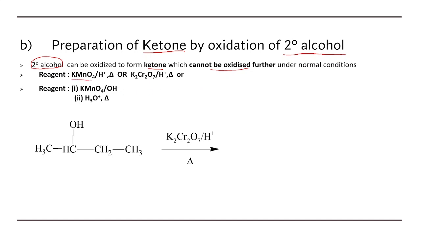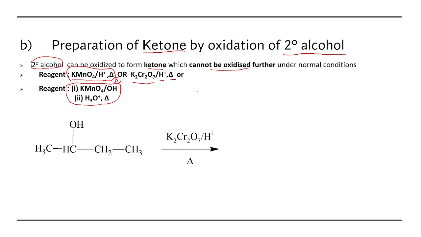So here, you can use either KMnO4, acidic H+, the symbol delta here refers to hot, or potassium dichromate, acidic and also hot. Sometimes it is also written like this. This is actually the same, equivalent. These two are equivalent.